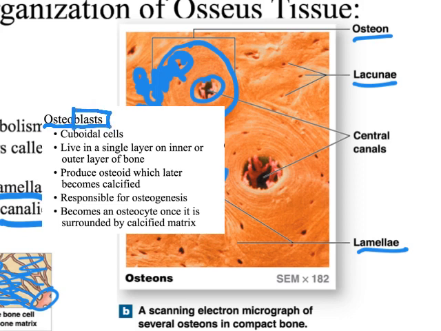This term blast, B-L-A-S-T, is used frequently in anatomy to describe cells in multiple tissues that are responsible for creating new tissue. So, for example, when we get to the blood chapter, we're going to find that there are blasts there, and those are going to be immature blood cells.